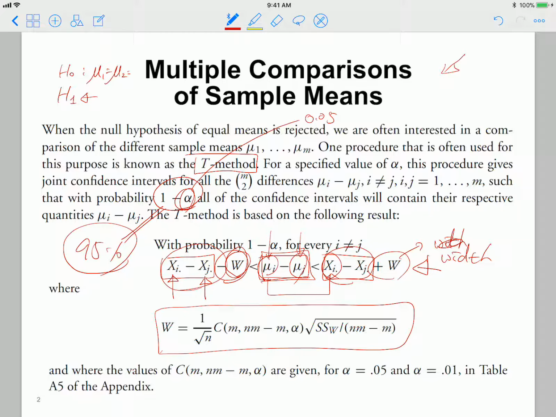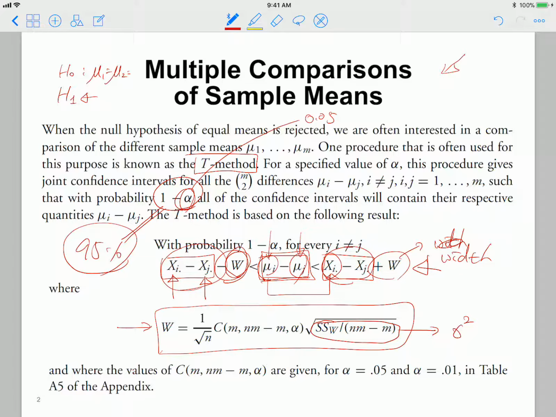And this W is represented by this equation, which is proportional to SS of W divided by nm minus m. And this one was the first estimator for our true parameter sigma squared, right?